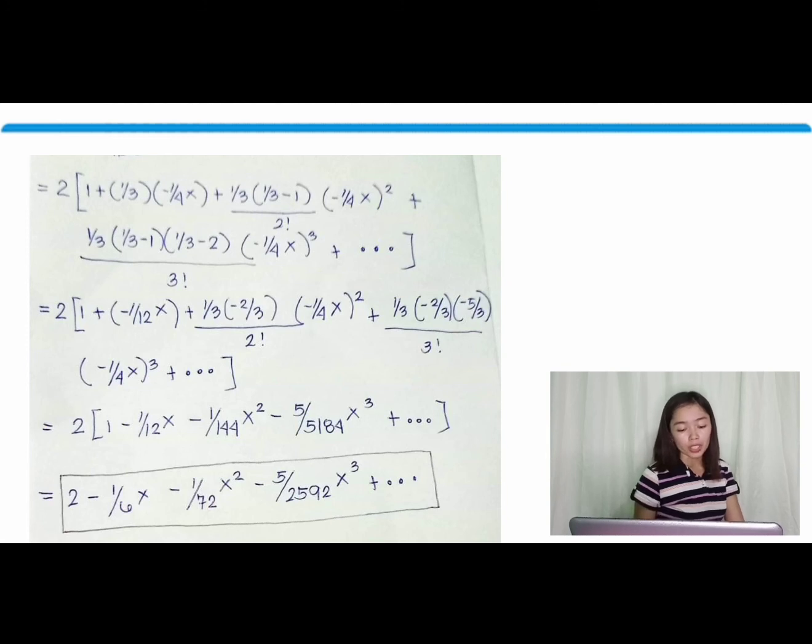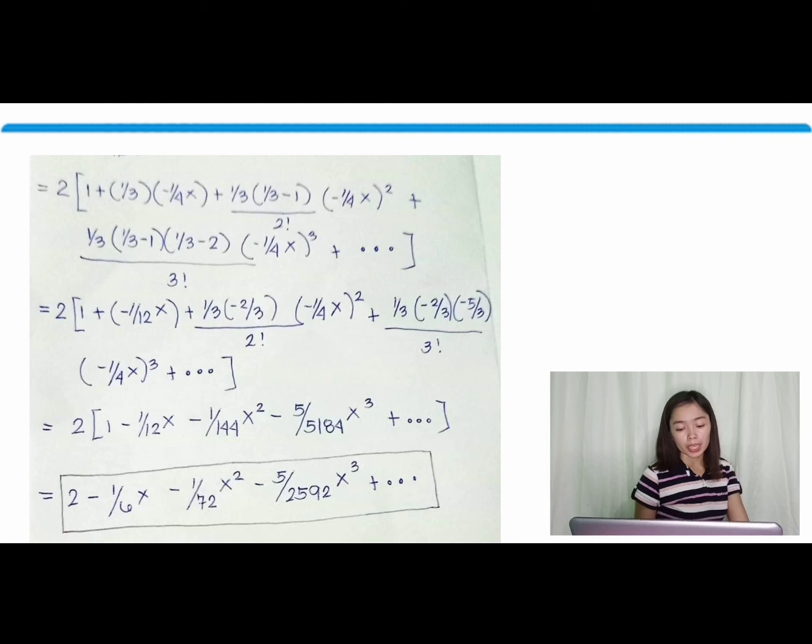So we have here 2 times the bracket 1 minus 1 over 12x minus 1 over 144x squared minus 5 over 5,184x cubed plus dot dot dot.